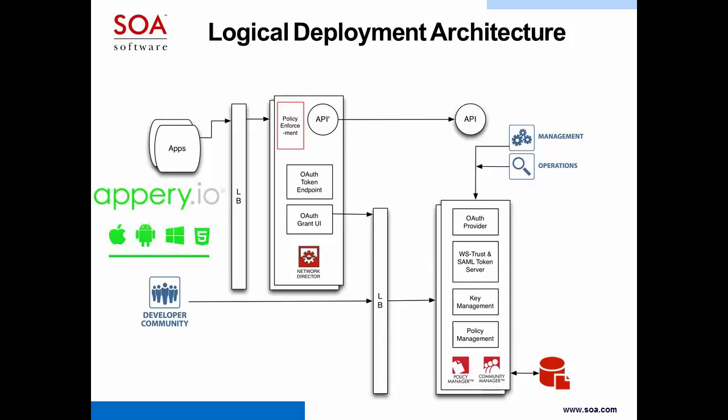If any policy is violated, we'll reject the request and log an alert. And then the community manager portal there on the right-hand side is the developer-friendly view of the registry of all the APIs that we want to make available to our consumers, and that's where someone will log in, search for an API, and request access to use it.